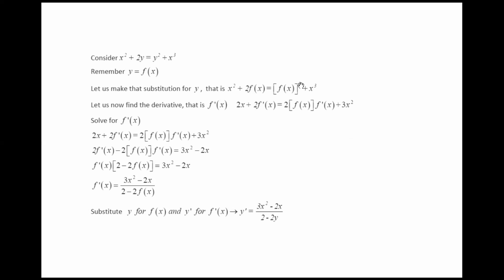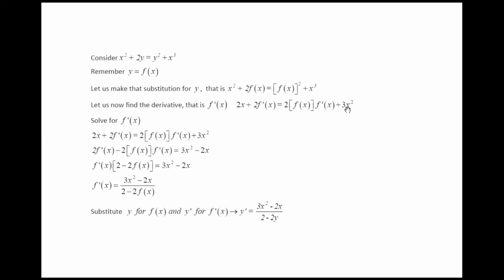So to take the derivative, it's 2 times f of x to the first power by the power rule, but we've got to take the derivative of the expression. In other words, we've got to use the chain rule. And of course, the derivative of x cubed is 3x squared.